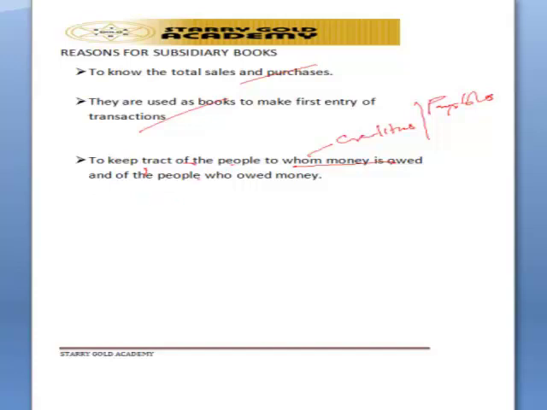Then, to know who owes money. Usually you call them debtors, but with IFRS we call them receivables. We want to know our receivables, those who owe the company, and those the company is owing, which are the payables. So these are the major reasons for the subsidiary books of account. We shall take these subsidiary books of account one after the other.